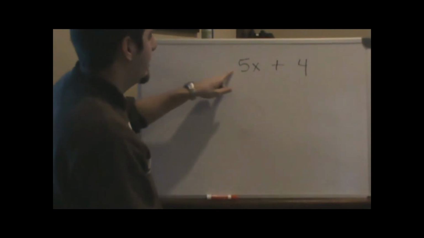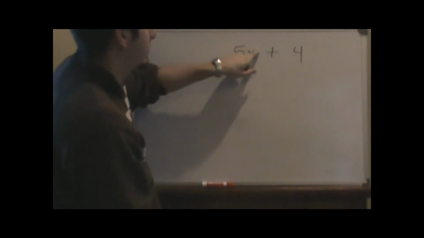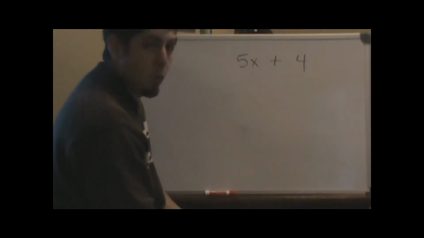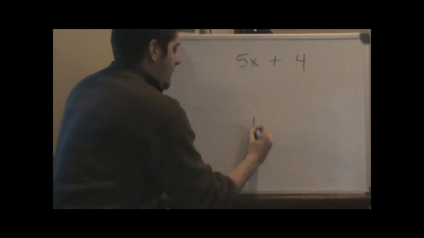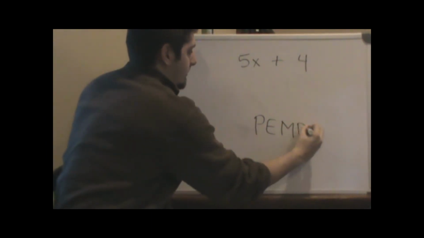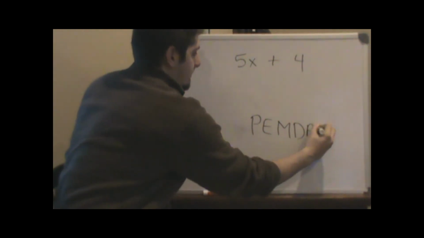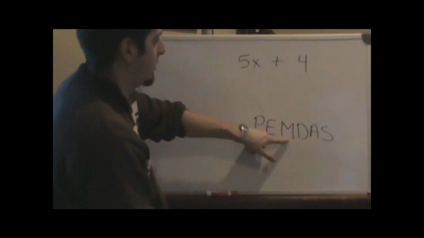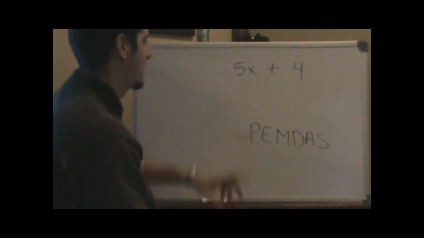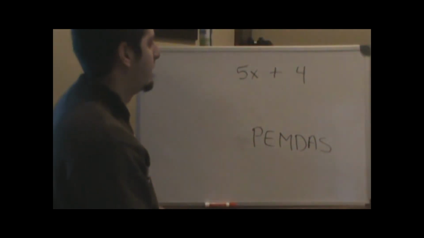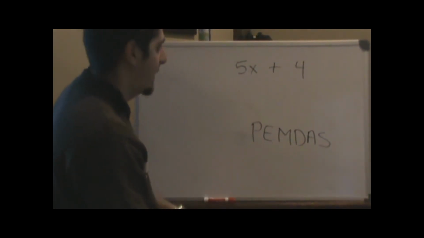So until I know what 5 times x equals, I cannot add 4 to it because of the limitations put on me by the order of operations, or in other words, PEMDAS. PEMDAS tells me that all multiplication and division come before addition and subtraction. So I need an answer to 5 times x first before I add 4.